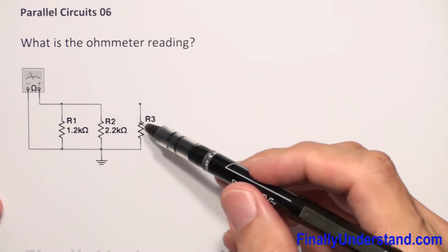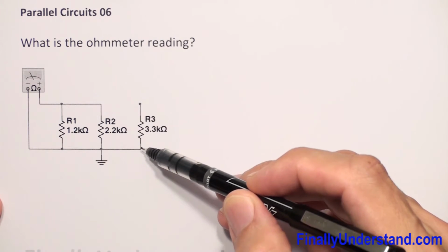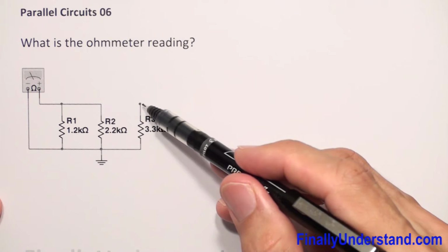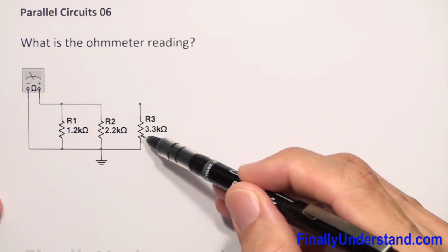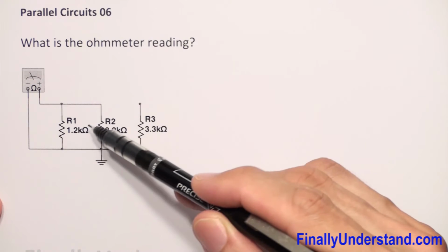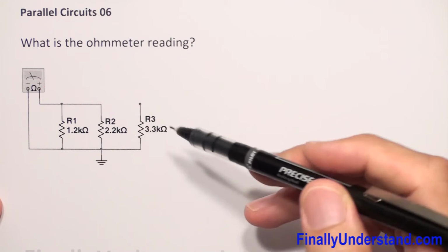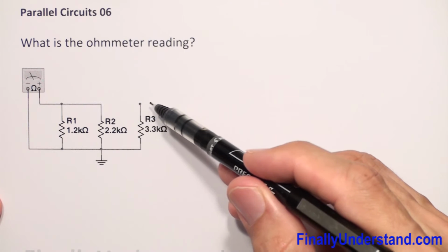If a resistor is connected like this by only 1 terminal, it means that there is no current flowing through this resistor. So when we calculate the total resistance of this network, we do not consider this resistance, because this resistor is not connected.